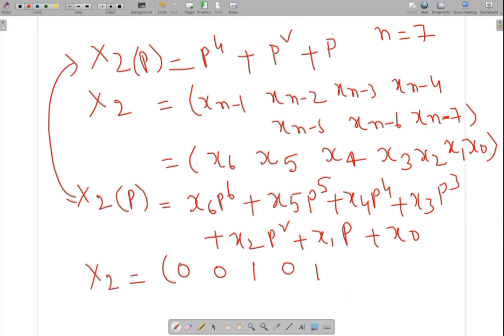P term is also there, that is 1. x0 is not there, that is 0. For message vector M2, 0010, the code vector is encoded like that.